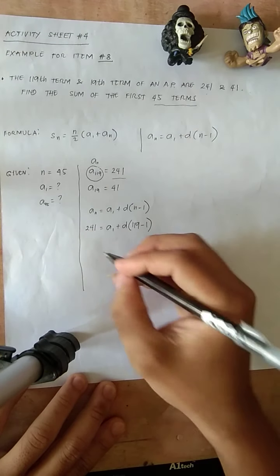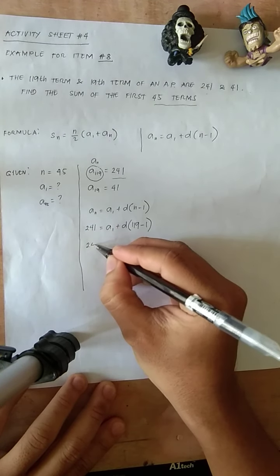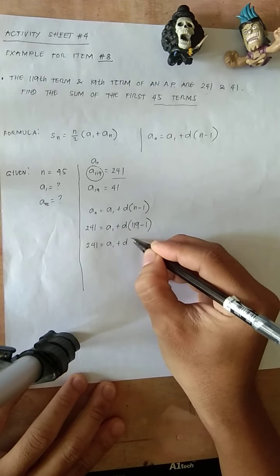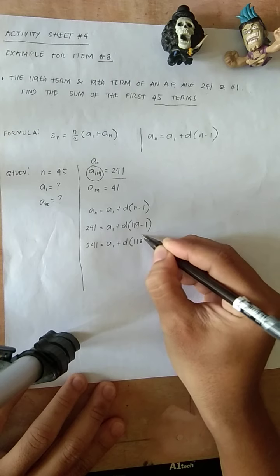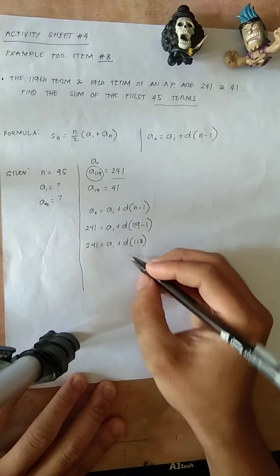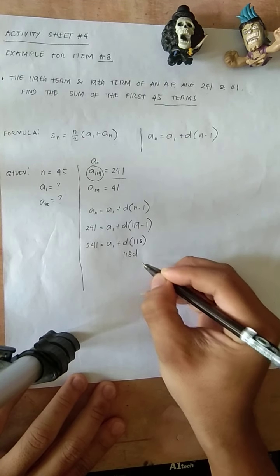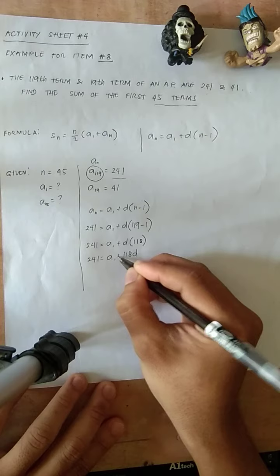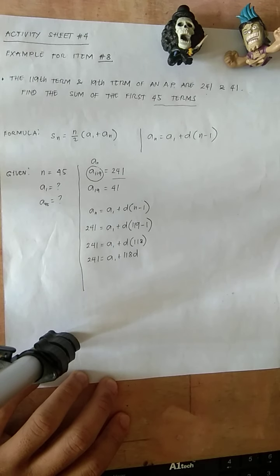If you simplify this, we will have 241 equals a sub 1 plus d times 118, or 118d. So therefore, 241 is equal to a sub 1 plus 118d.